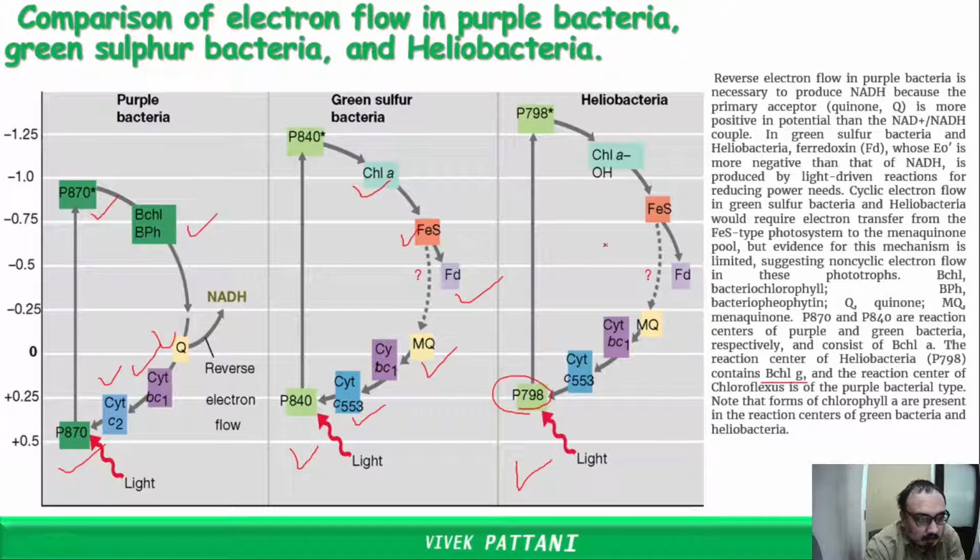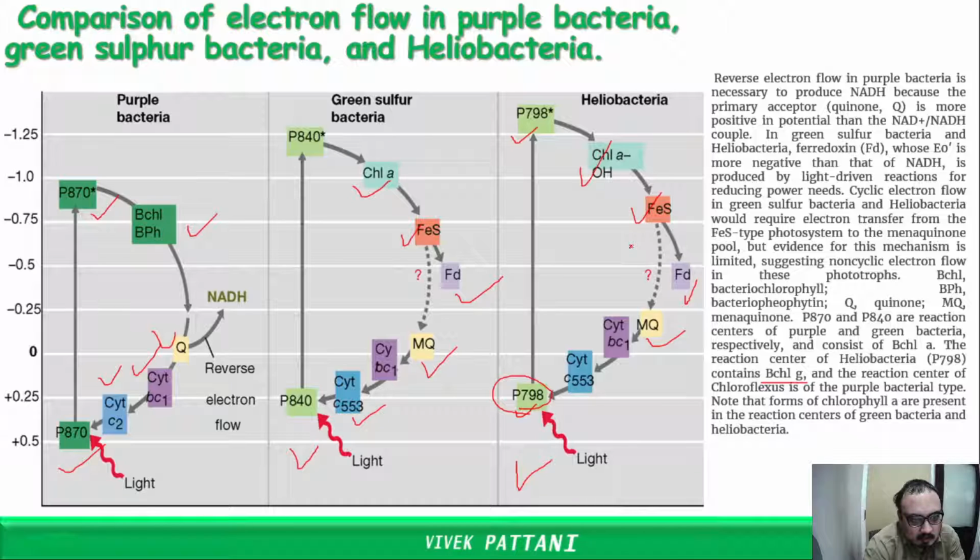Now, in the case of heliobacteria, the reaction center is P798, which becomes P798 star, an excited complex, and electrons go to the bacteriochlorophyll A and to the FeS complex. Some of them will be transferred to the ferredoxin, and some will be transferred to menaquinone.